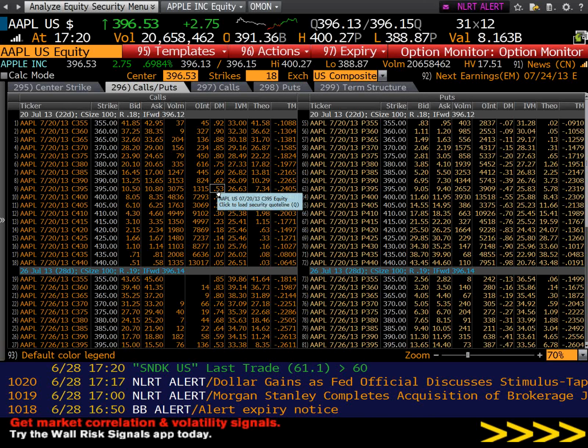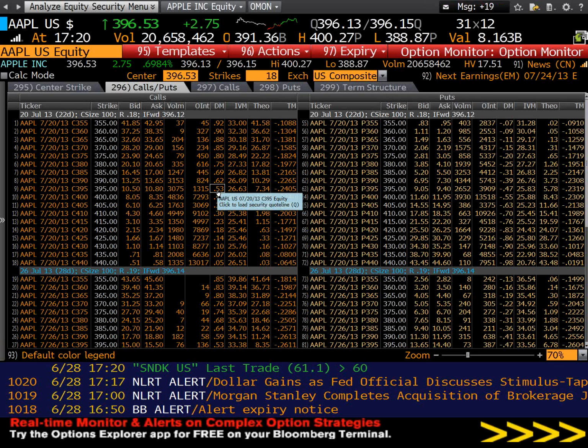If you want to take yourself delta neutral, just like the market makers, you can estimate what the delta would be the next day with the stock, let's call it at 390 and same volatility. Figure out that delta and short that number of shares. So if it's 10 contracts, the notional amount is 1,000 shares.